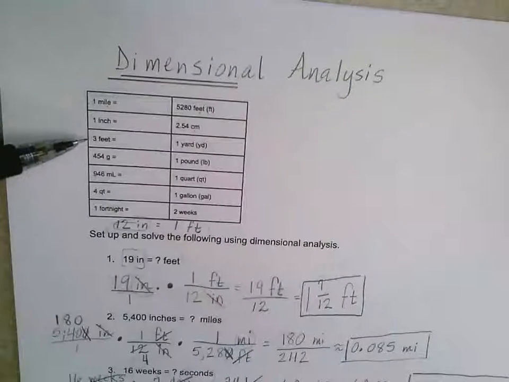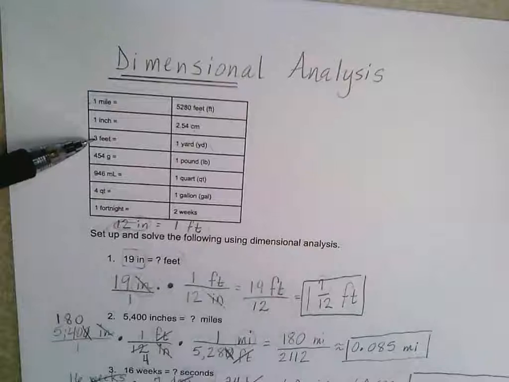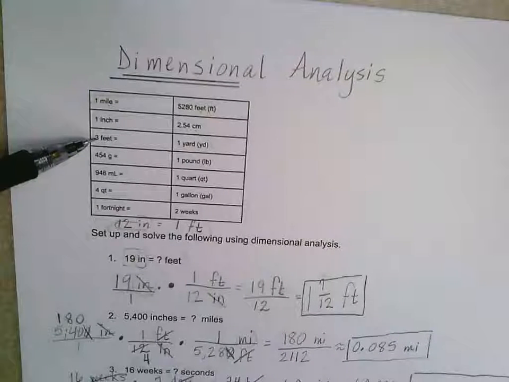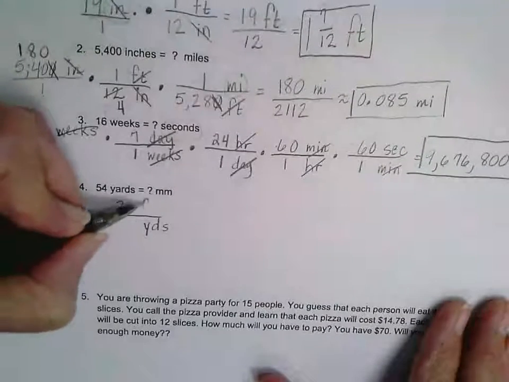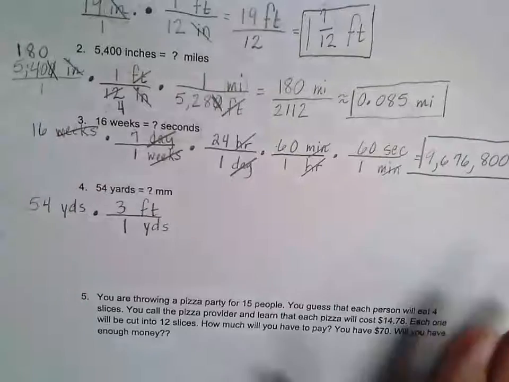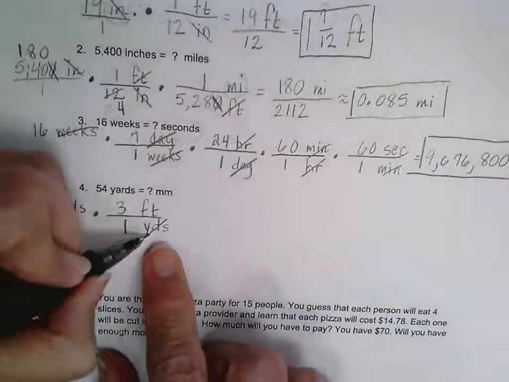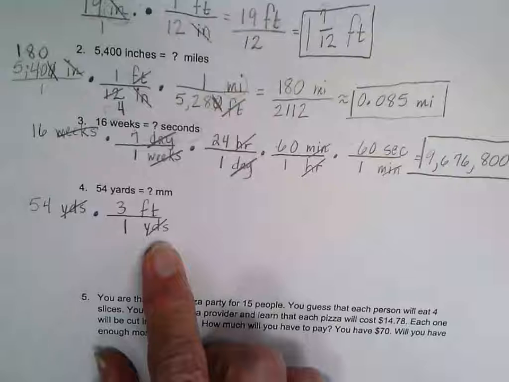So when I look up here, I can see that I have 3 feet are equal to a yard. And I don't see yards anywhere else. So I'm going to have 3 feet over 1 yard. And I'm going to cross cancel my yards.